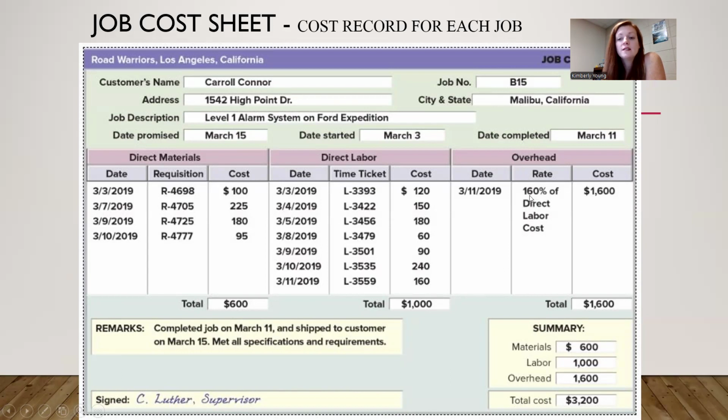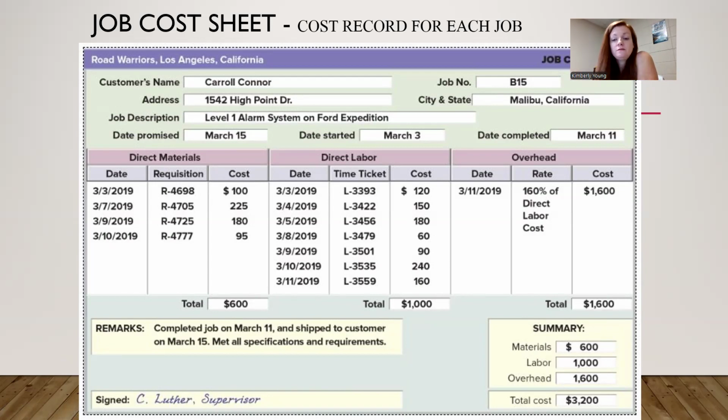So we took 1.6 times 1,000, the actual direct labor cost. We got 1,600 of overhead cost. It's an estimate, but that's what we deem to be the best way to apply it. We add together materials, labor, and overhead to get $3,200 was the total cost for job B15.